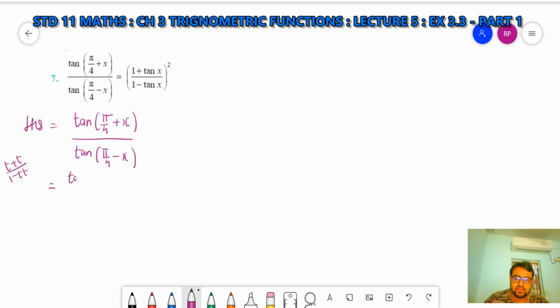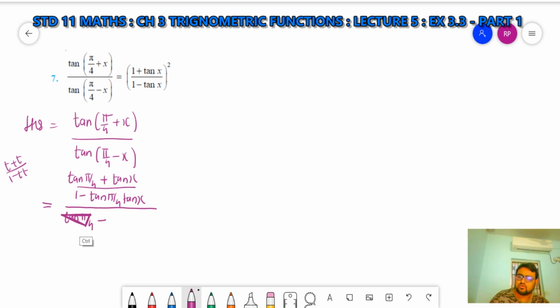So this will be (tan pi/4 + tan x) upon (1 - tan pi/4 tan x), upon, again now tan(pi/4 - x), so (t - t) upon (1 + tt): (tan pi/4 - tan x) upon (1 + tan pi/4 tan x).